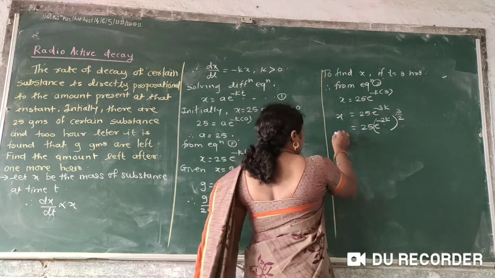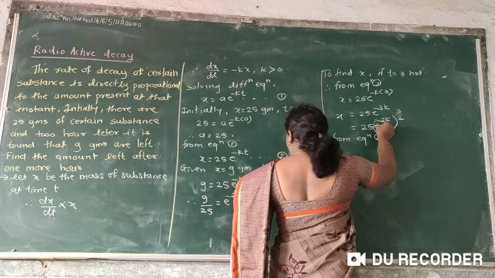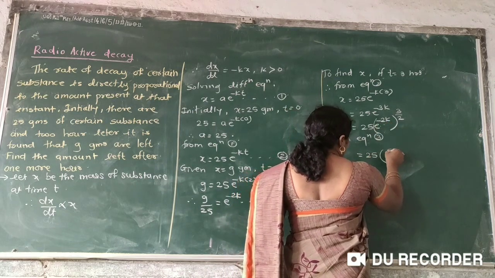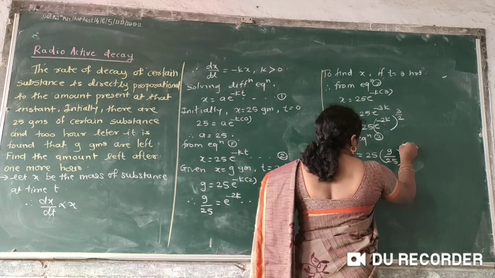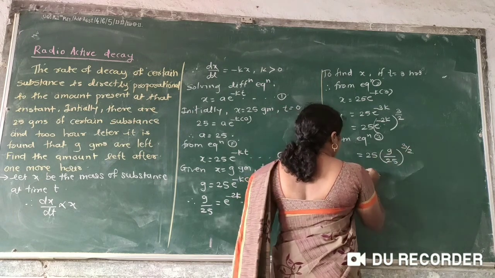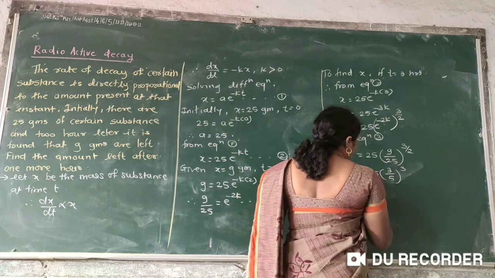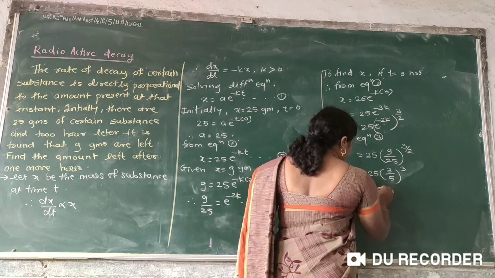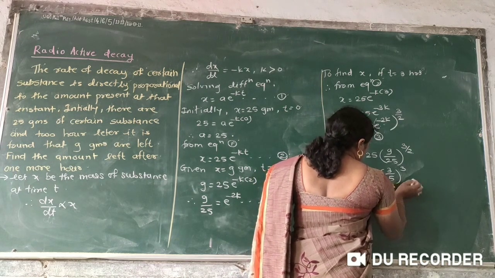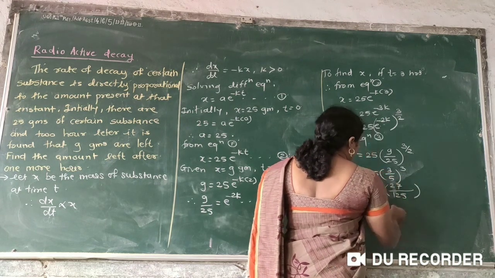Then from equation 3, substitute this value of e raised to minus 2k as 9 by 25. We get 25 into 9 by 25 raised to 3 by 2. First take the power 1/2, that is the square root of this number, so we get 25 into 3 upon 5 raised to 3, and taking the cube, we get 25 into 27 upon 125.